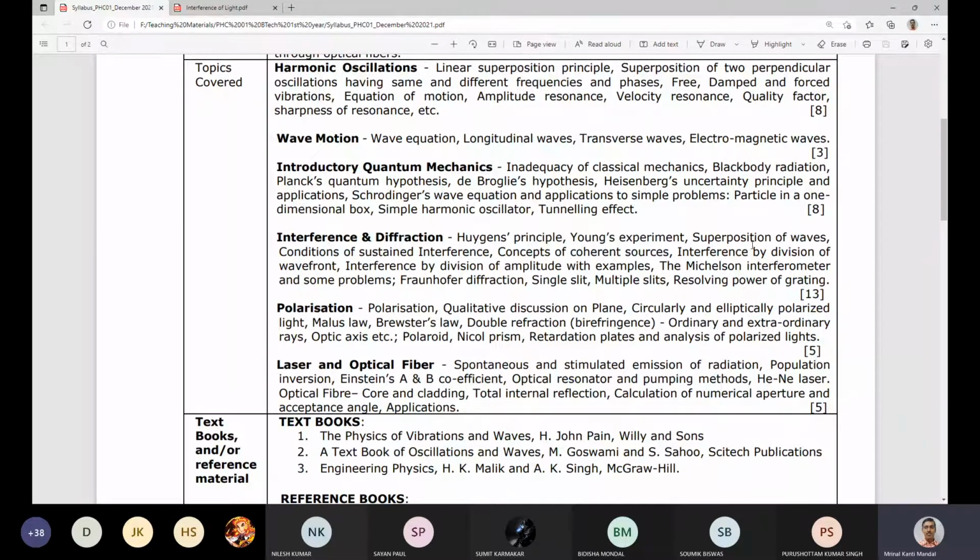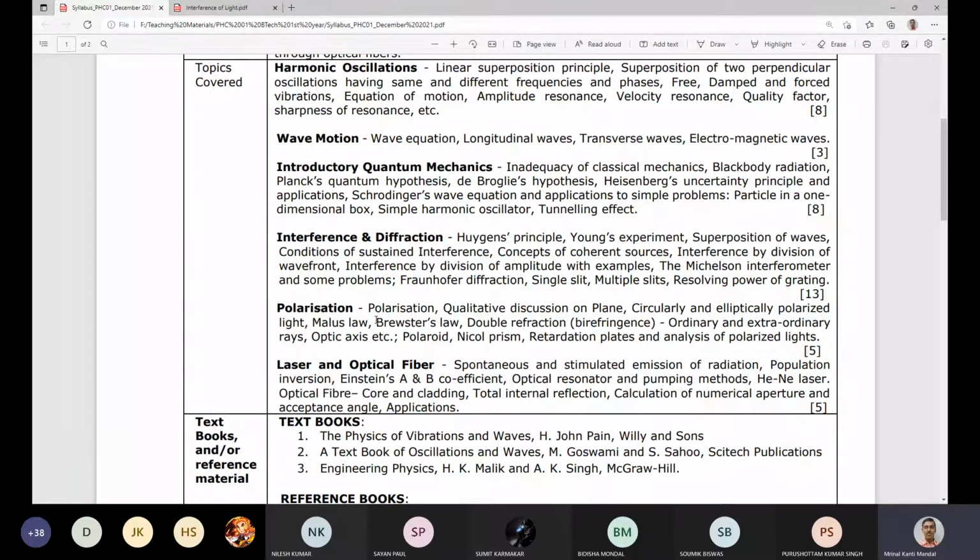Then condition of sustained interference, concept of coherent sources, interference by division of wavefront, and interference by division of amplitude. And basically there are some experimental arrangements and examples. Next is Michelson interferometer and some related problems.